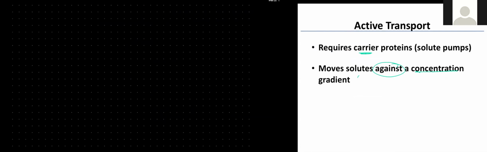In other words, it allows the solute to move from its low concentration to its high concentration, against the concentration gradient. It is the opposite of what we've seen in diffusion. The example on here of active membrane transport is one of many.